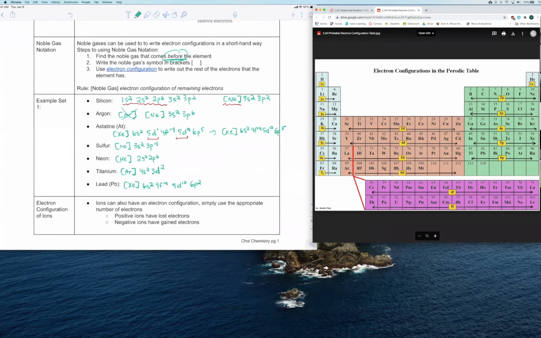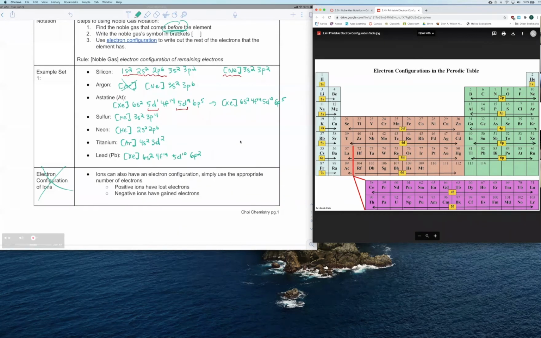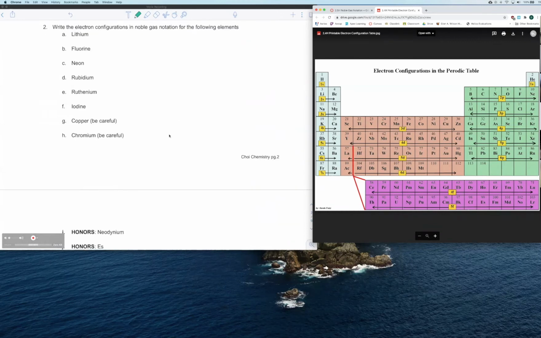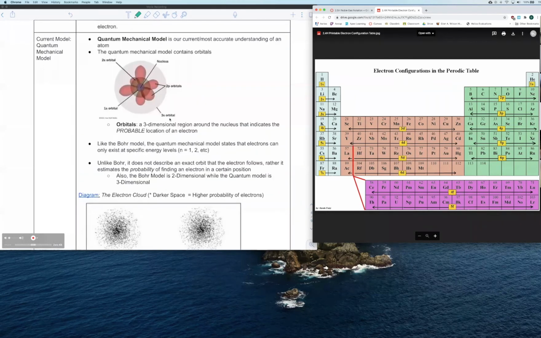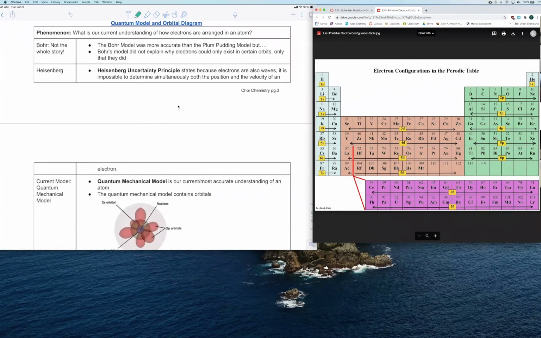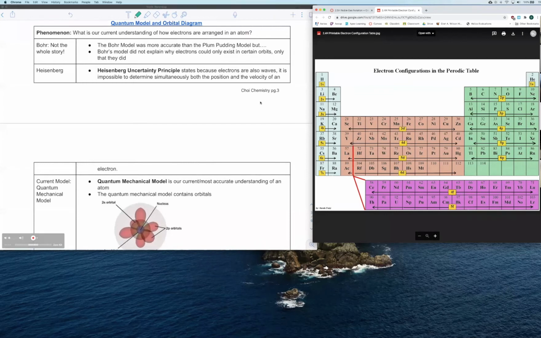Okay, let's move on. So electron configuration of ions, we can skip. I'm going to start now moving on to the quantum model. And again, the quantum model is going to be a little bit confusing because it's very conceptual. So I would say unless you're planning on taking AP Chem, you don't have to worry too much about the quantum model.